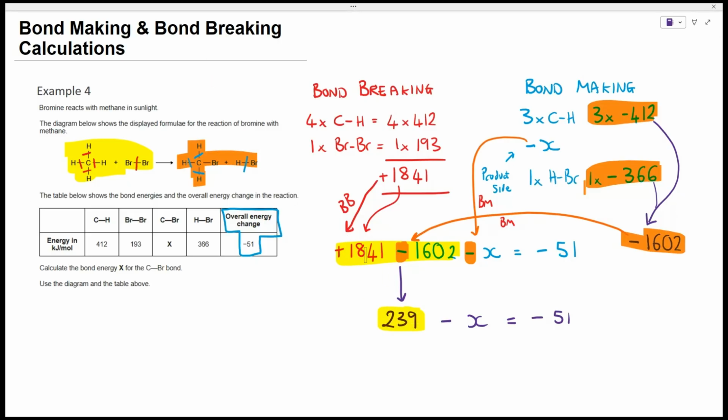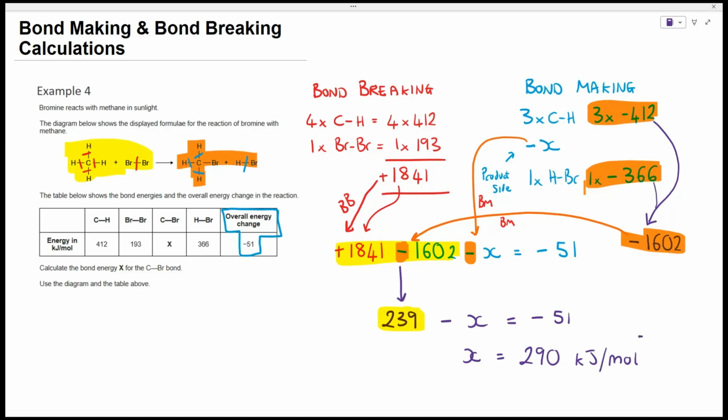I've literally done positive 1841 minus 1602, which gives me 239. So 239 minus x equals minus 51. And then it's just a case of finding x. X will then be positive 290 kilojoules per mole.